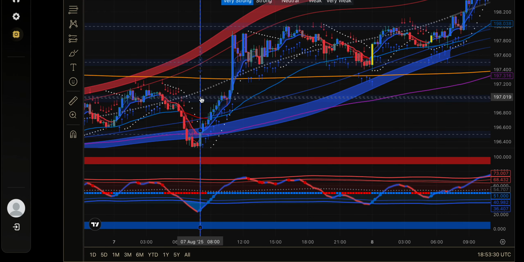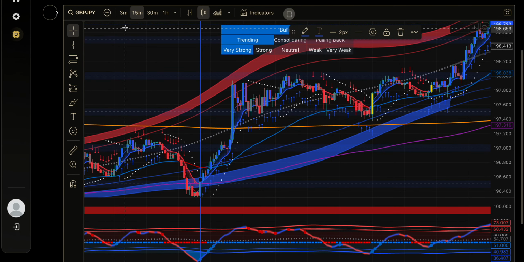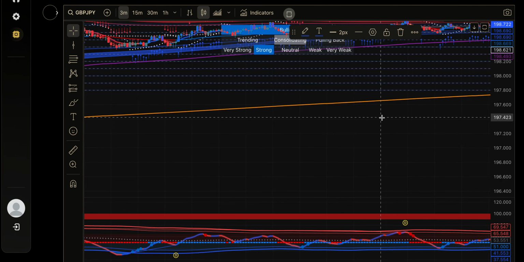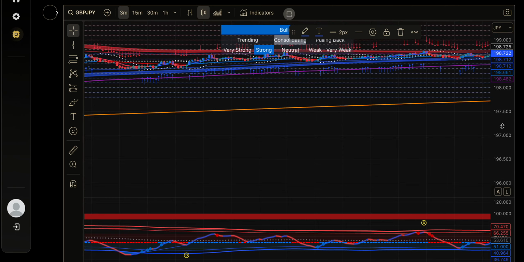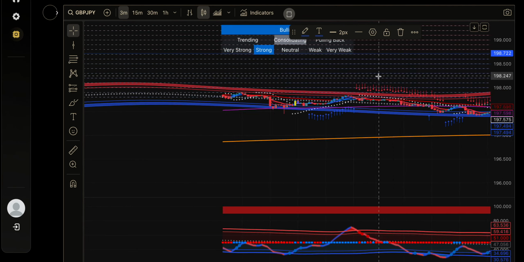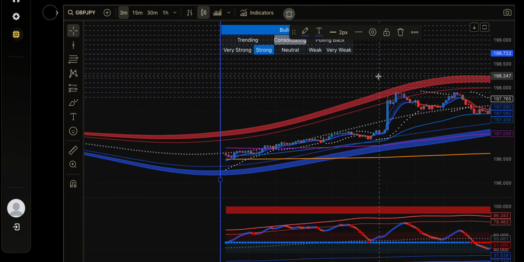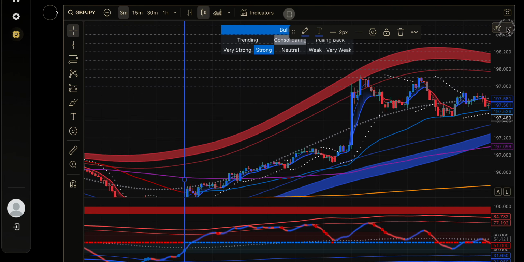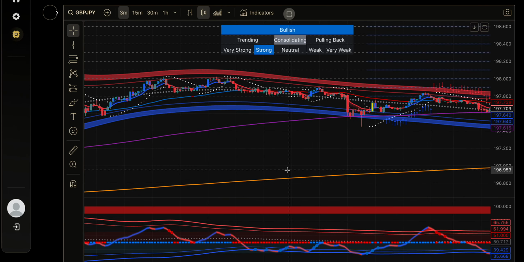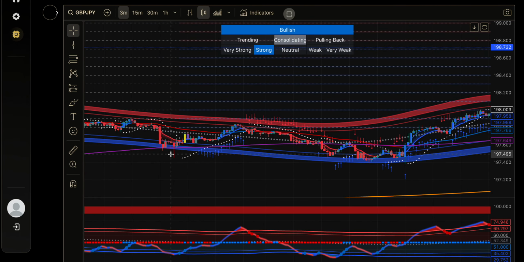Vertical line here. So it's the 15-minute time frame, then 3 minutes. Yeah, here we are. Okay, so it pulls below the Bollinger Band.